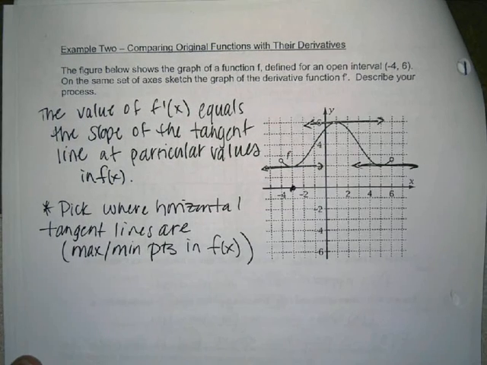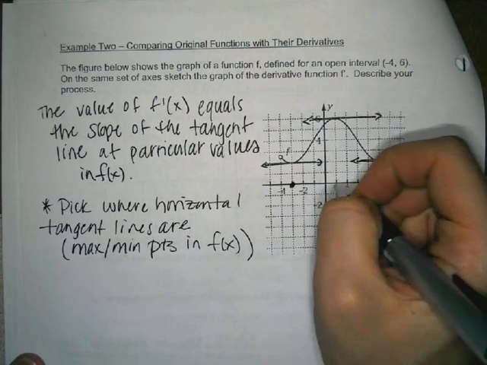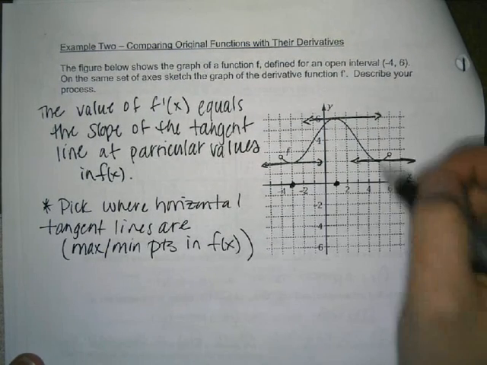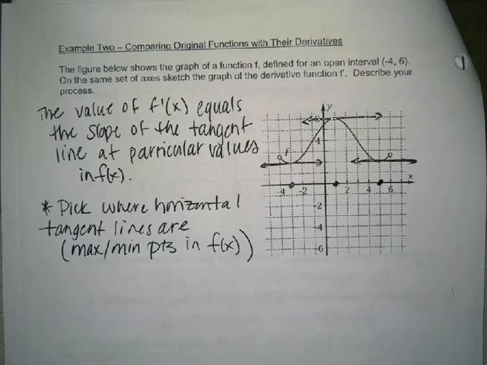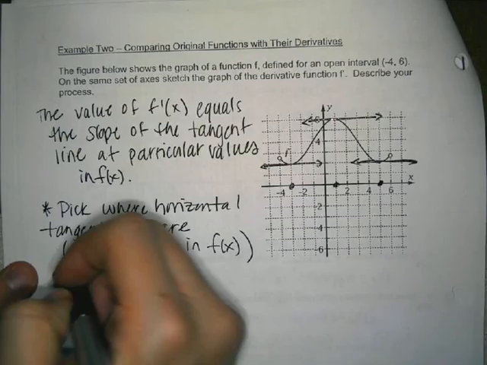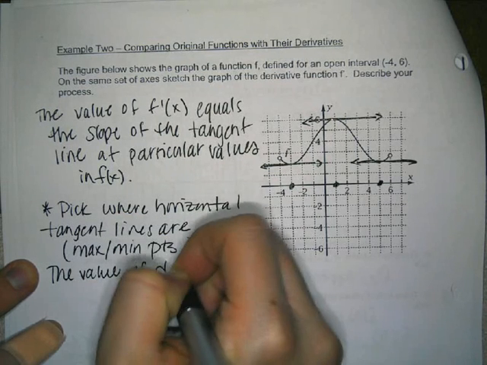So you mark a point. At 1, the value of the derivative would be 0 again. And then at 5, 0 again. Okay, so you start with the easiest tangent lines to graph, which would be the horizontal ones. So at those points, the value of the derivative is 0.